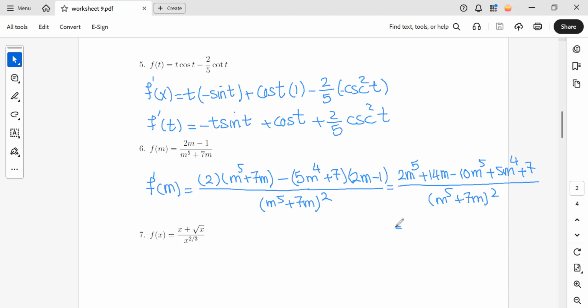And you can simplify somehow, and we would end up with negative 8m to the fifth plus 5m to the fourth plus 14m plus 7 all over m to the fifth plus 7m squared. It's a little bit simplifying. So let me erase the board and then do 7.